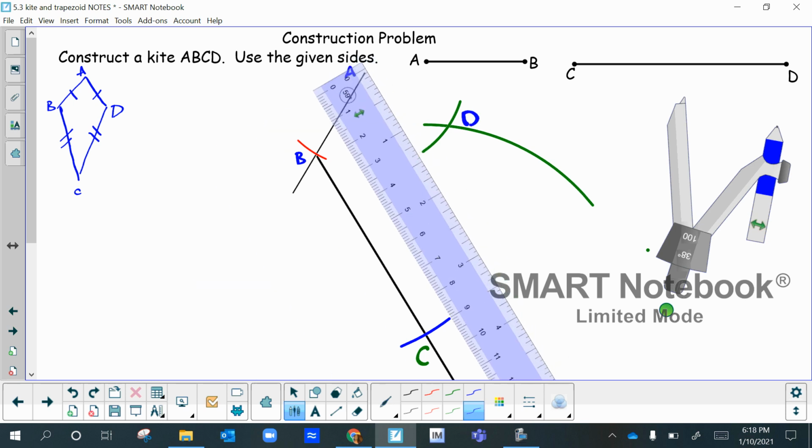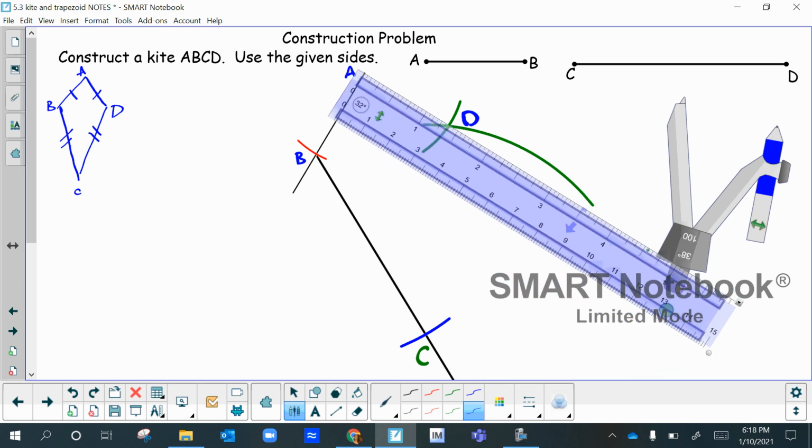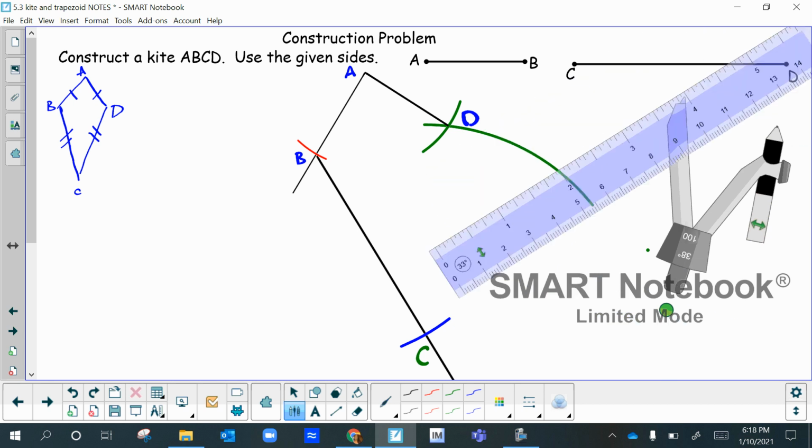So now we just have to get our ruler and connect these two, and the last segment.